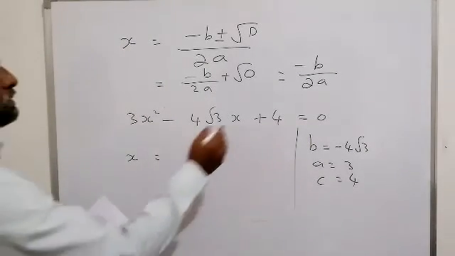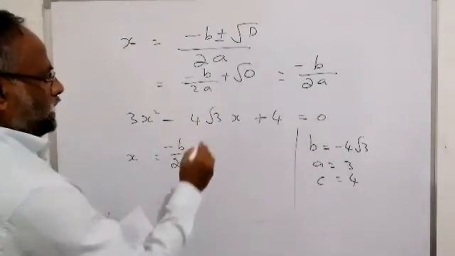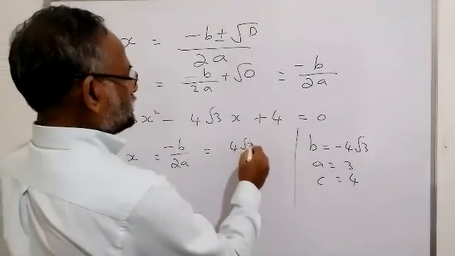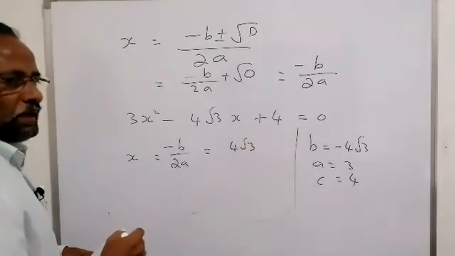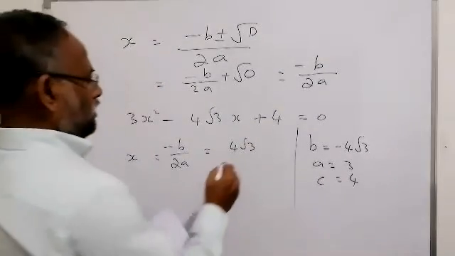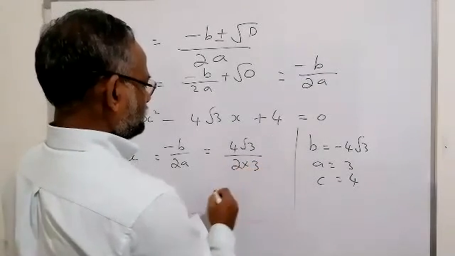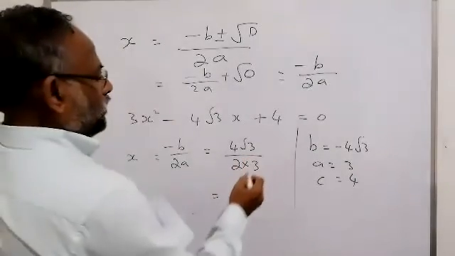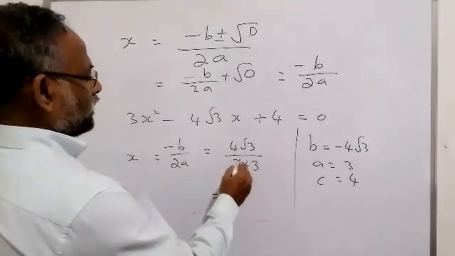Now minus b by 2a, that is equal to minus of minus 4 root 3, means 4 root 3 by 2 into 3. 4 and 2 I can cut.